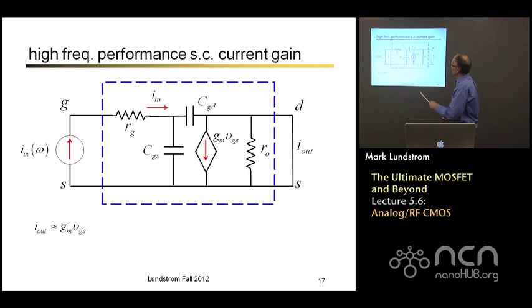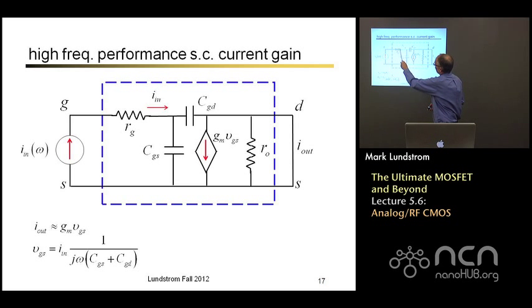Okay. So you can see this is the output current. If the output resistance is high enough, it's primarily the current through this controlled current source. I can ignore the one through this small gate to drain overlap capacitance. That's a good assumption in practice.